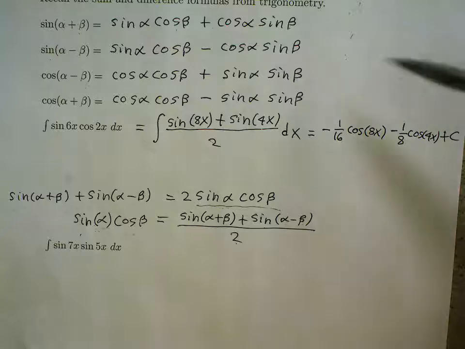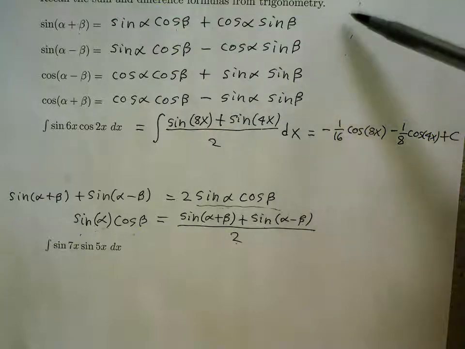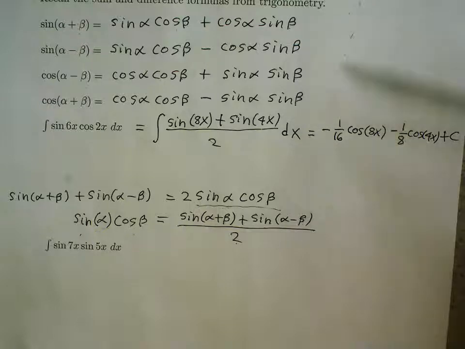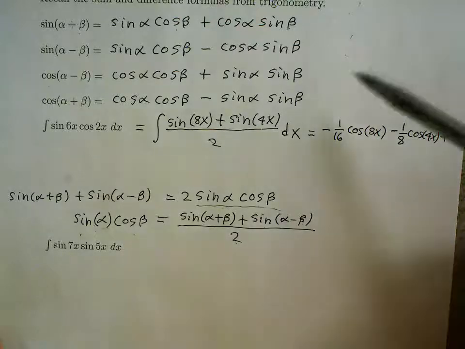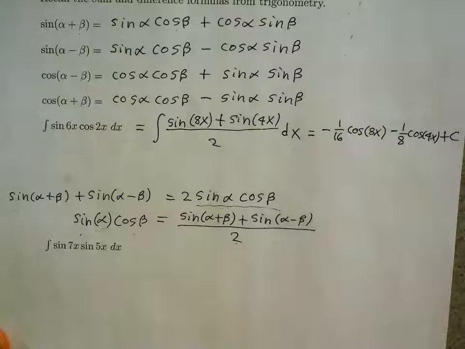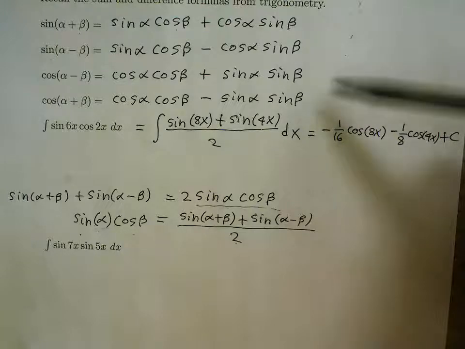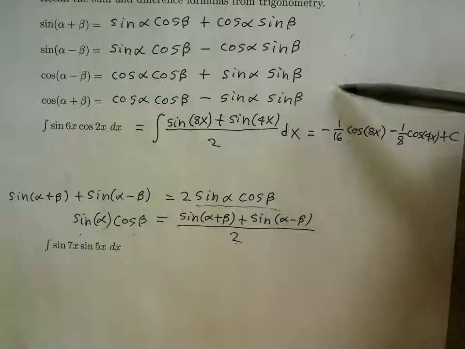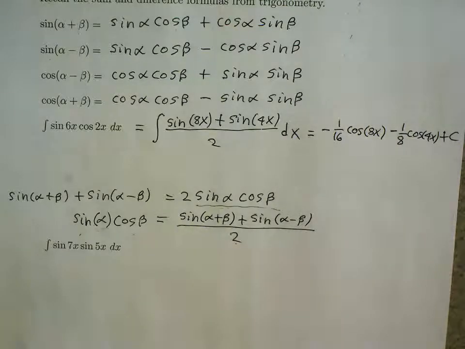Okay, so we go up here, we look at our sum and difference identities, and we identify the identities that have a product of two sine functions. So those are the two bottom ones. So how can I use these two bottom identities to end up only with a product of two sine functions?